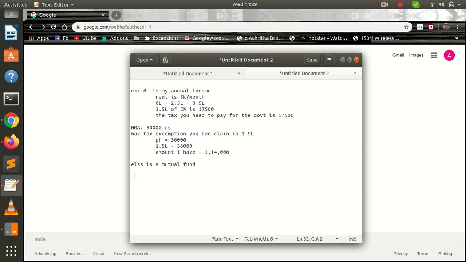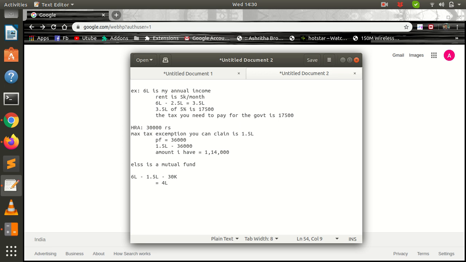Now, considering all this, we'll calculate how much tax I'm going to pay out of my annual income. I have reduced 1.5 lakh, and 30k, so these are my expenses I have shown, which equals 4 lakhs.